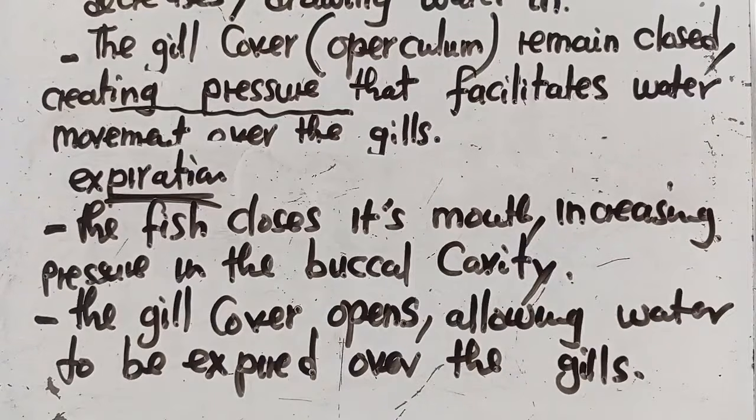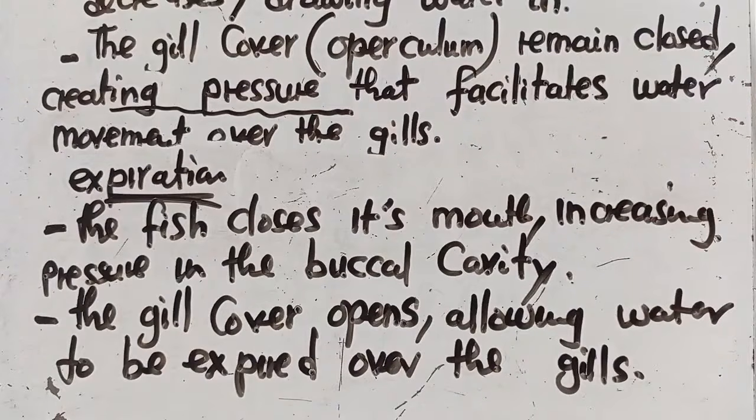Once this has happened, you discover that this process of the fish closing its mouth and increasing the pressure in the buccal cavity, where the gill covers open up, the whole process is to push out carbon dioxide rich water outside. Have you seen? So the carbon dioxide is pushed outside.